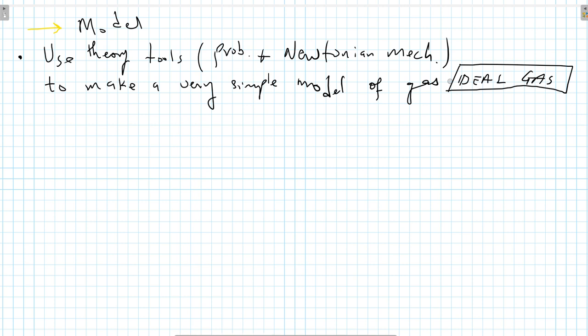The hope, or the aim, is to make predictions. Using this model, we should be able to make predictions which should next be checked with observations.